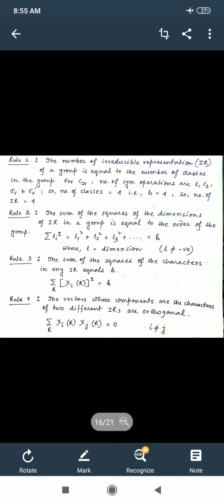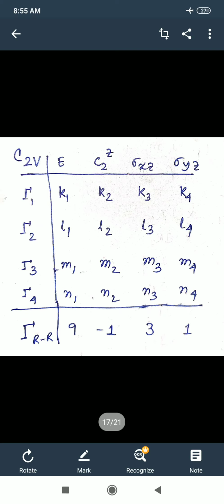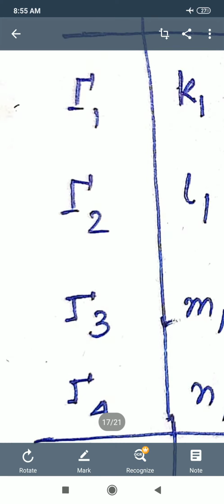So according to rule number 1, the number of irreducible representations for the C2V point group, which is equal to the number of classes in the group, is 4. I have written here the C2V point group for your explanation. At the top are the 4 symmetry operations: E, C2Z, sigma xz and sigma yz. At the left hand side I have written Bethe notation 1, Bethe notation 2, Bethe notation 3 and Bethe notation 4.